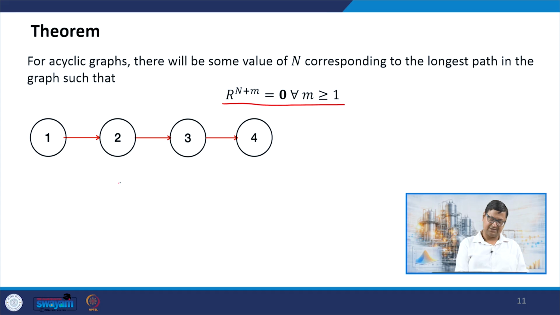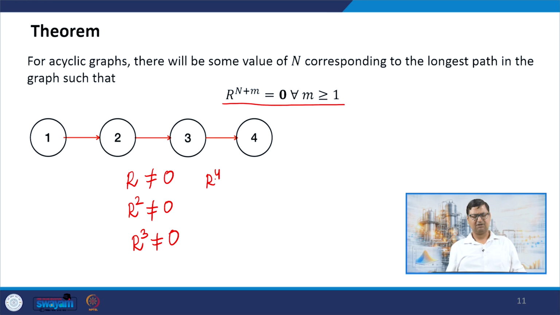So in this case, R was a non-zero matrix, R square was also non-zero, R cube was also a non-zero matrix, but R4 contains all zeros because there is no 4-step path in the graph, right?